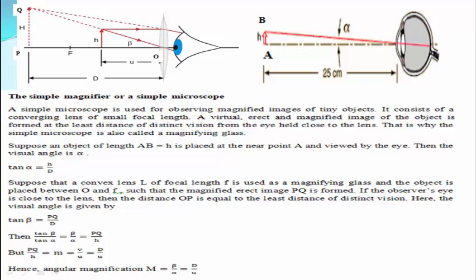Suppose an object of length AB equals h is placed at the near point A and viewed by the eye.